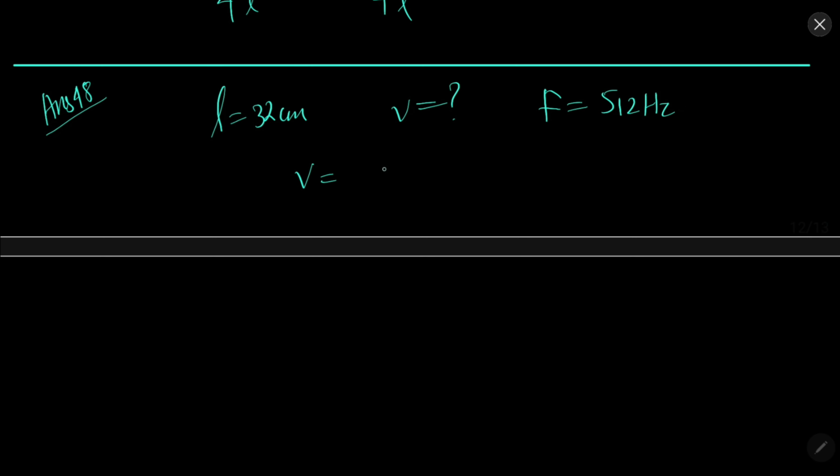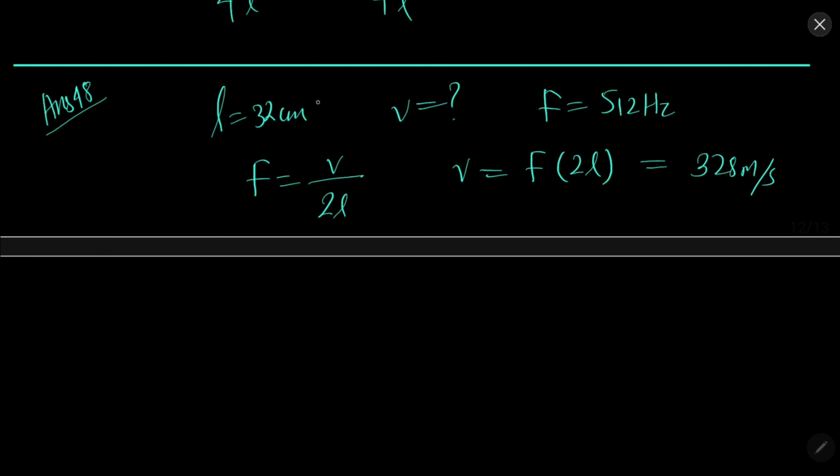So simple, velocity will be the wavelength. So we know the formula is this, v over 2L. So velocity will be f into 2L. So it will give us 328 meters per second. Remember, put length in meters, 0.32 meters.